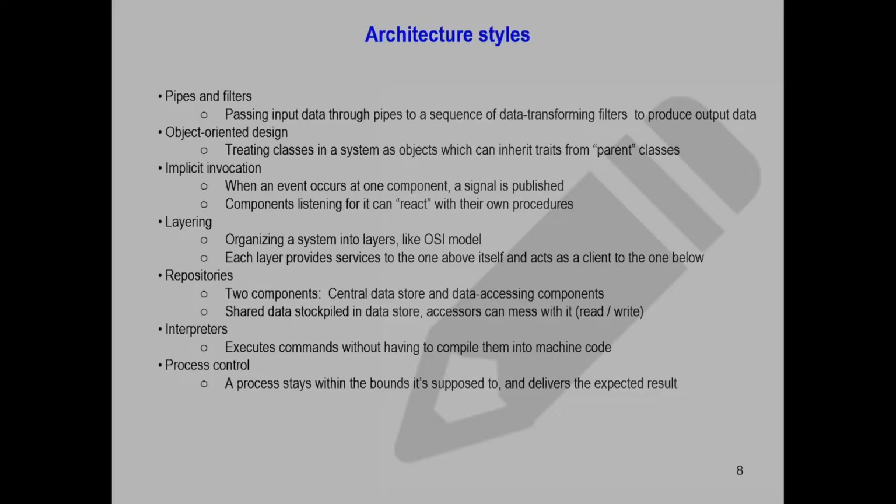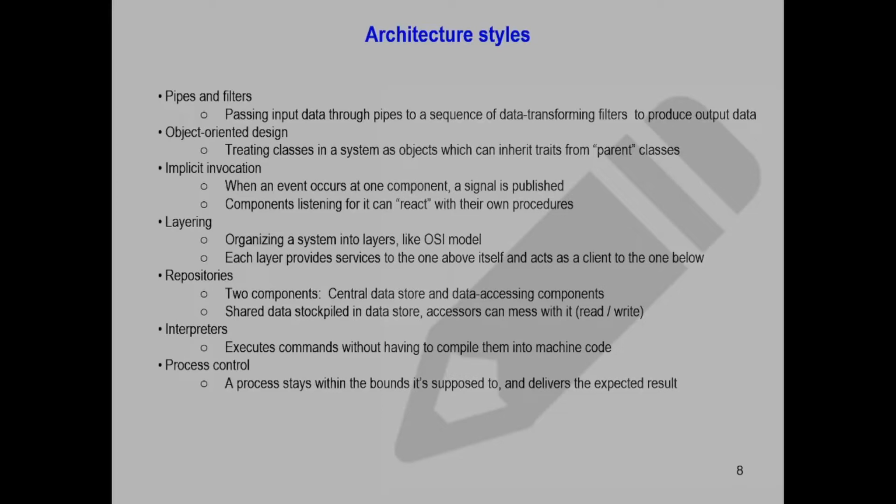Repositories are basically made of two components: a central data store and data accessing components. Shared data is stockpiled in the data store. This is kind of like a spider almost. Visually, if you imagine a big ball in the center, a bunch of legs poking out to further nodes in the ends that are trying to read and write the data.